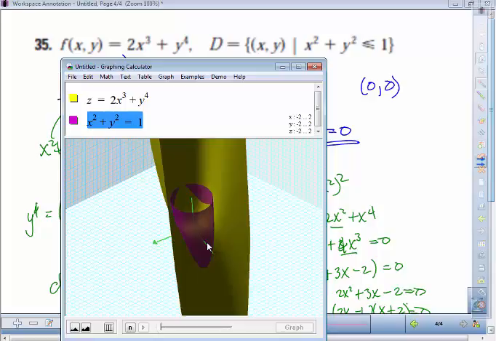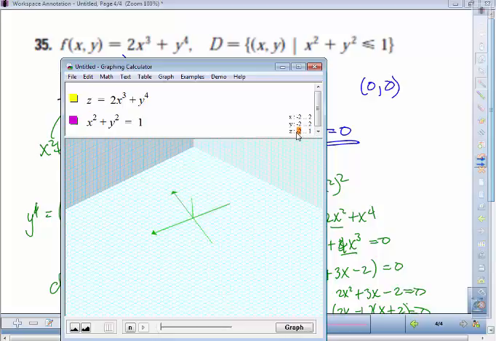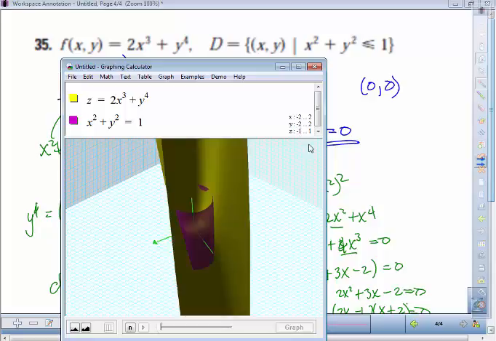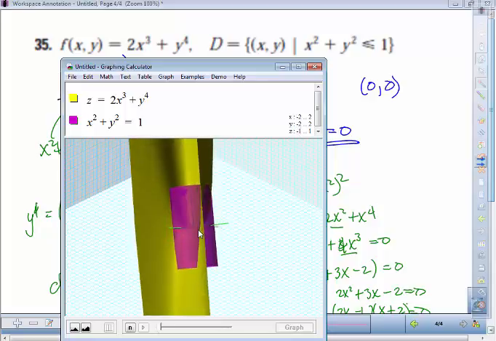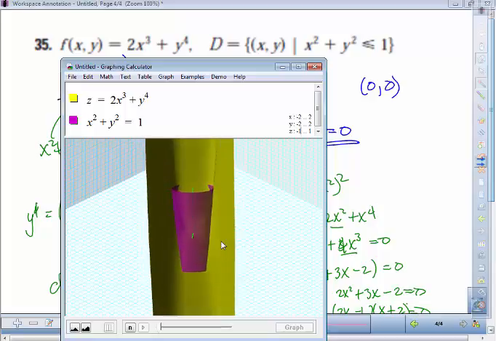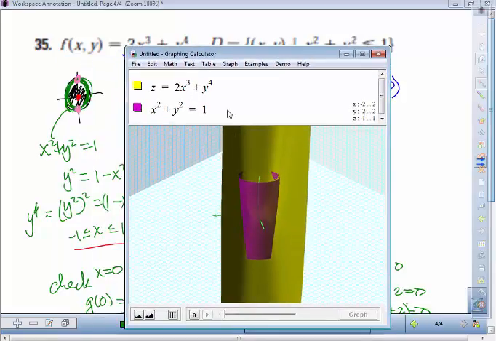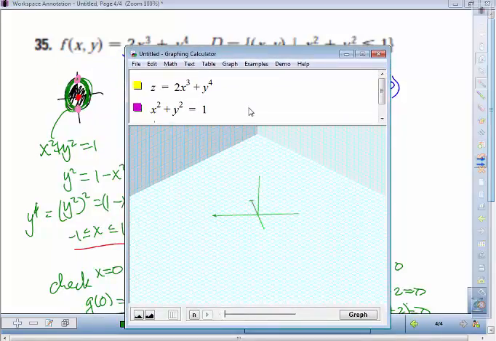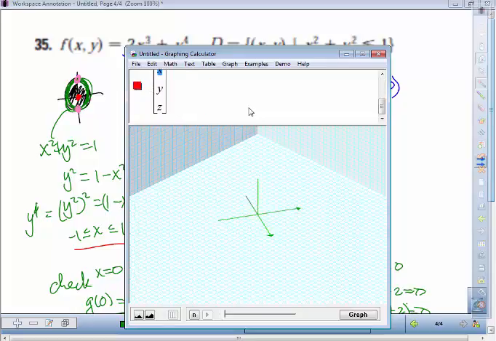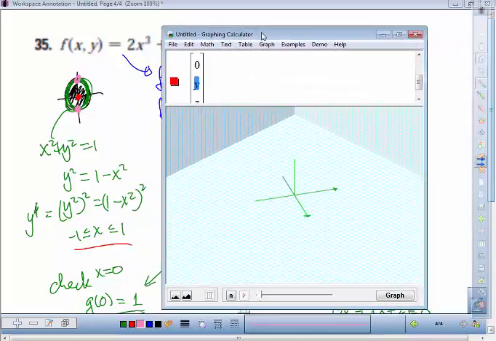Yeah, it looks like it might be 1. Yep, that could help. What is it? 0, 1, 1?